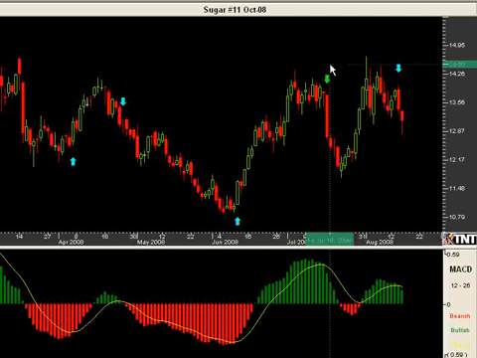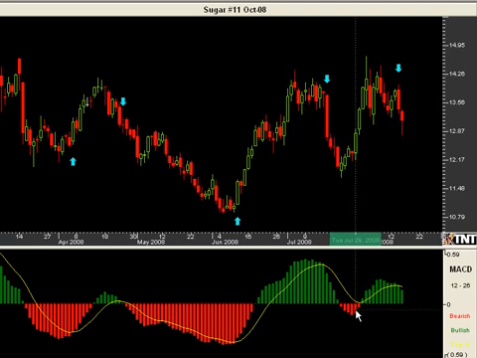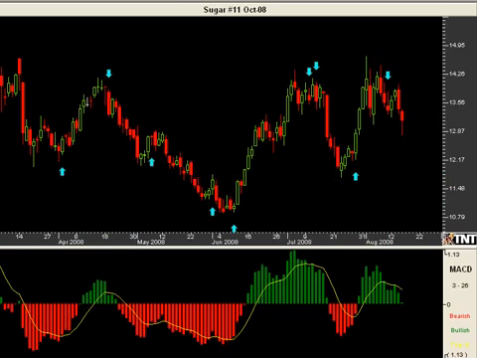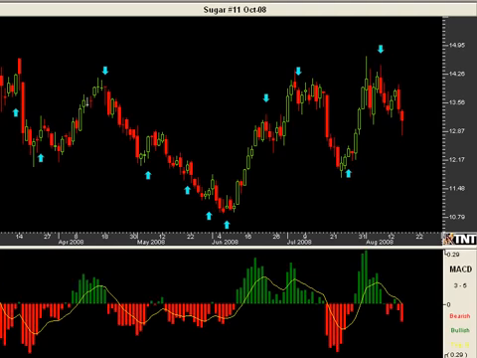Now, as I mentioned, MACD is a useful indicator, but it is painfully slow. So to offset that, I actually use a slightly different group of settings to speed it up. Now, quite honestly, I don't know where I got these settings from. I think a friend gave them to me many years ago, but they seem to work pretty darn well.